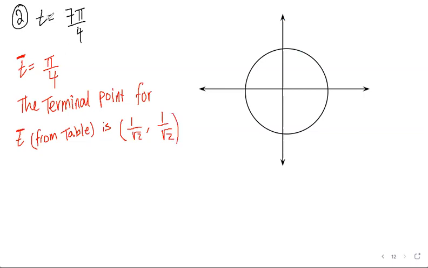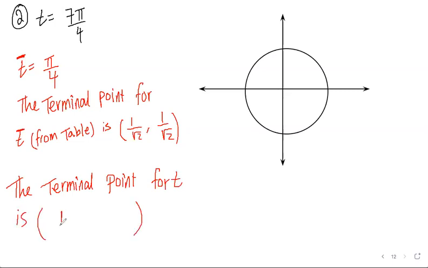Now, this is for t bar. The terminal point for t is the same as this one, but the difference is the sign. So the point starts moving from this point around the unit circle and stops up to here.